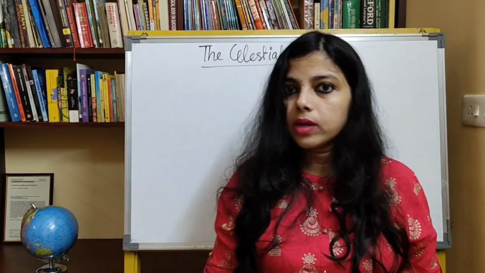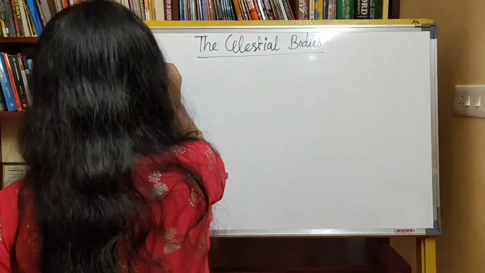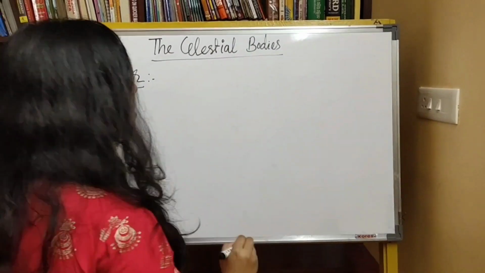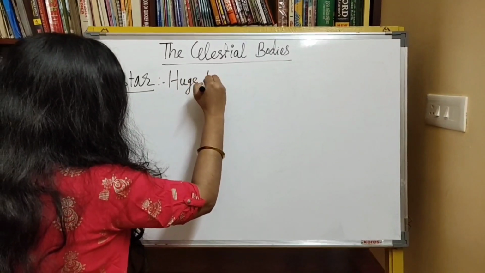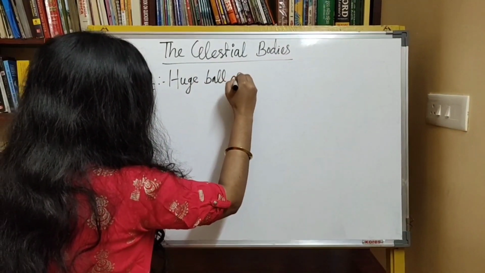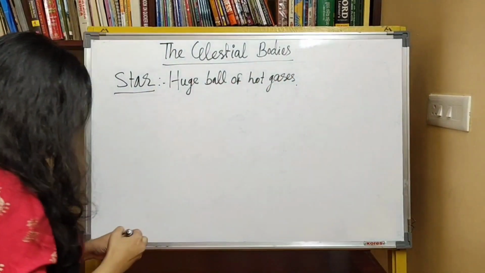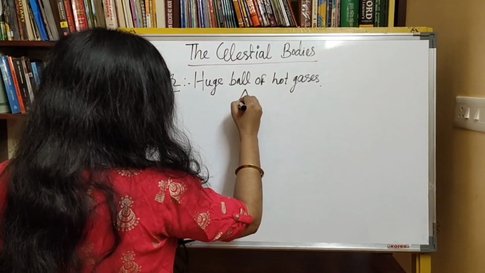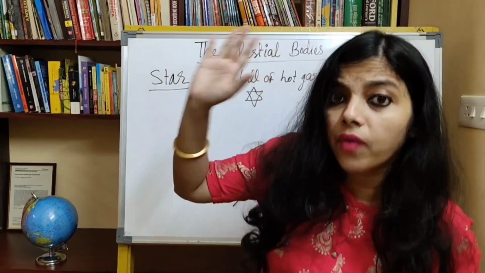Okay, so now we are going to learn about stars. So, what are stars? I just told you. Stars are huge balls of hot gases. So, how do they look actually? They look very tiny because they are so far from us.